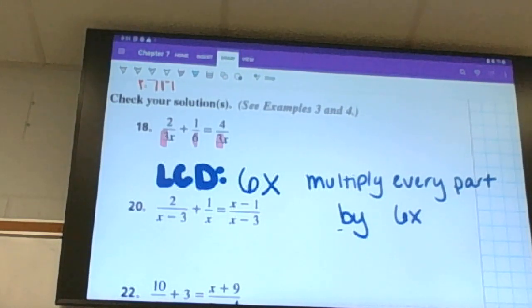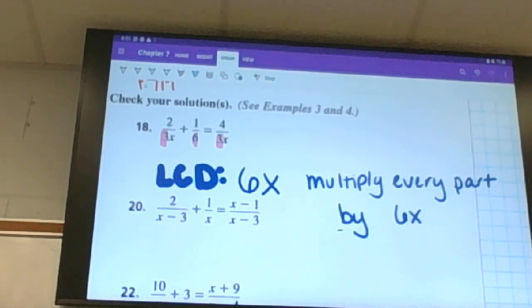And then I have 6 over 3, which also can be reduced. 6 divided by 3 is 2, right? 3 goes into 3 once, 3 goes into 6 twice.